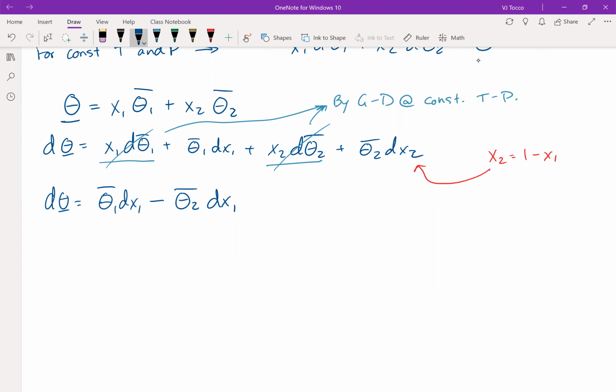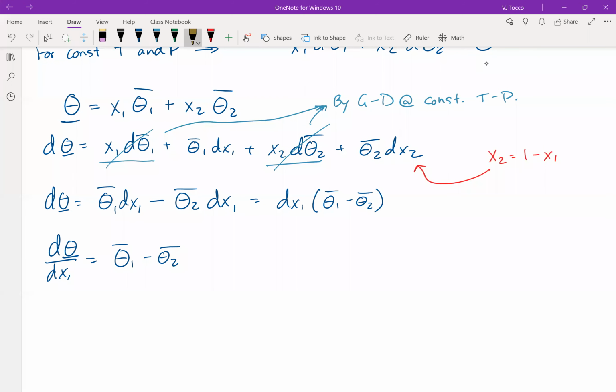So I got rid of x2 in favor of x1 such that I can now factor this. So I can now factor out a dx1 and then divide to give me a differential equation. So d theta dx1 is equal to partial molar 1 minus partial molar 2.